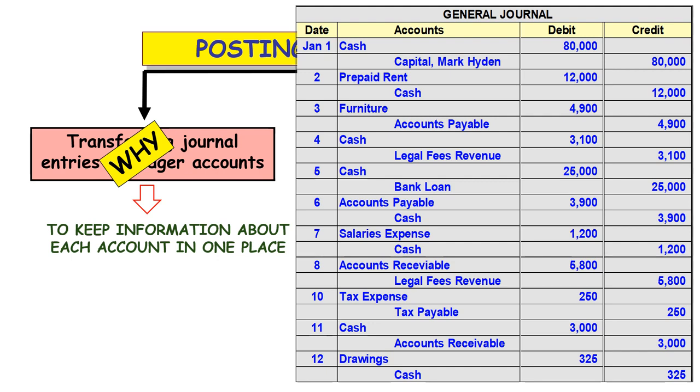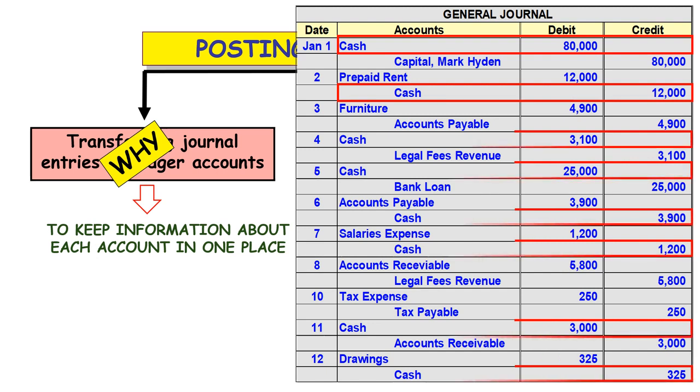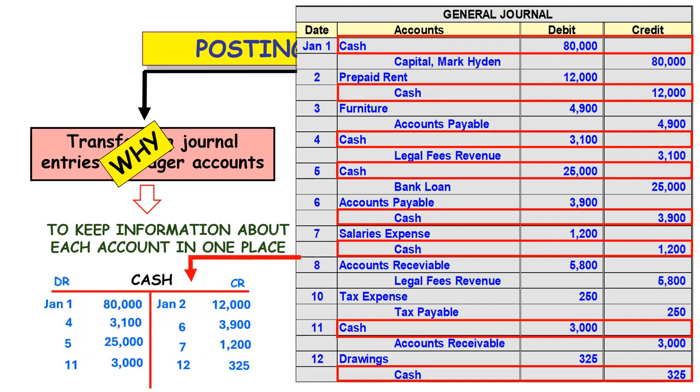You can see that the cash transactions are everywhere, line 1, line 4, and so on. We want to see all the cash transactions in one place. So what we do is create a ledger account, and you can see that all the transactions are here.